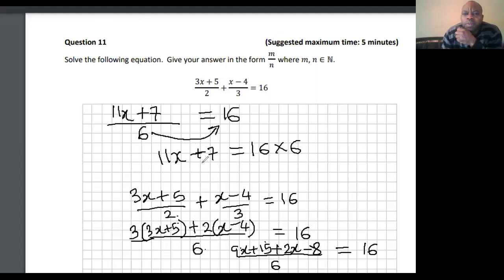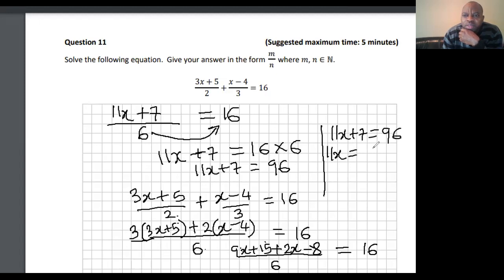11x plus 7 equals to 16 multiplied by 6, which is 96. Now 11x plus 7 equals to 96. 11x will be equal to 96.